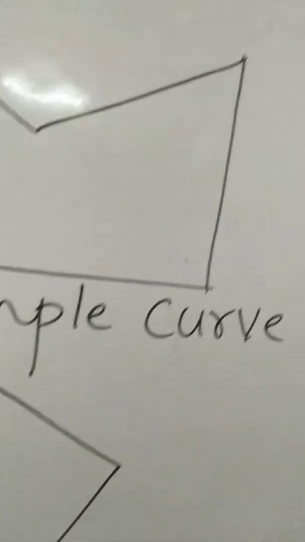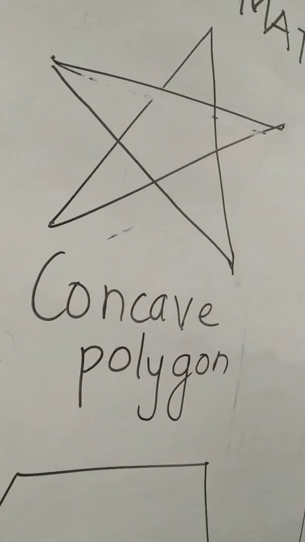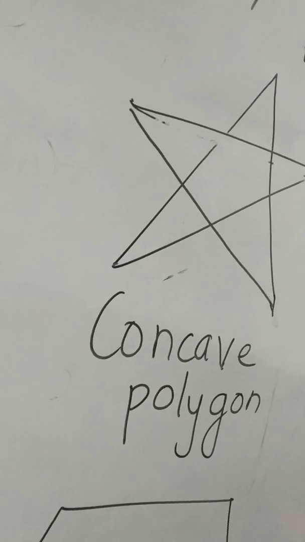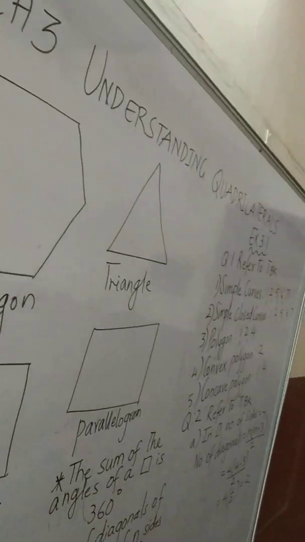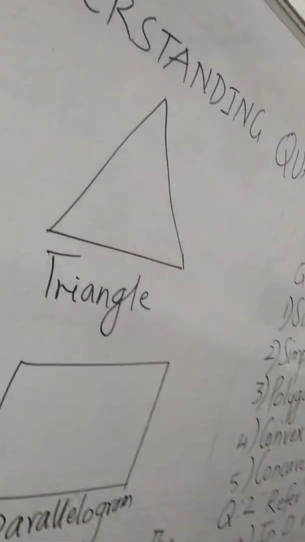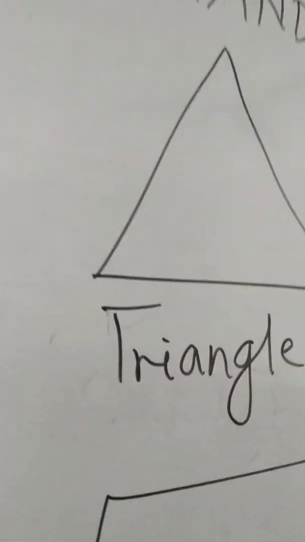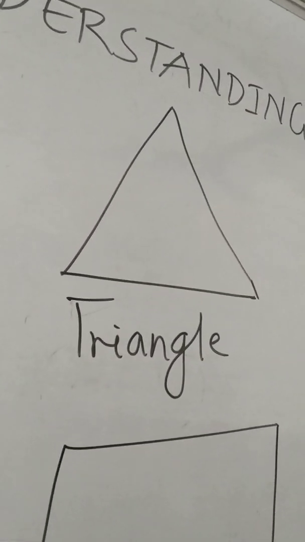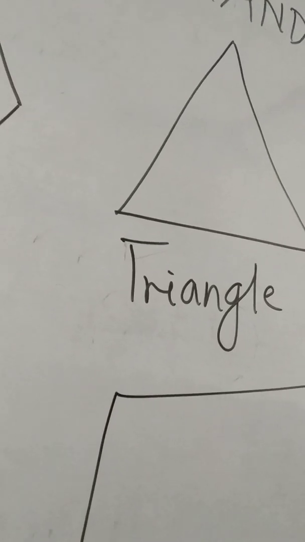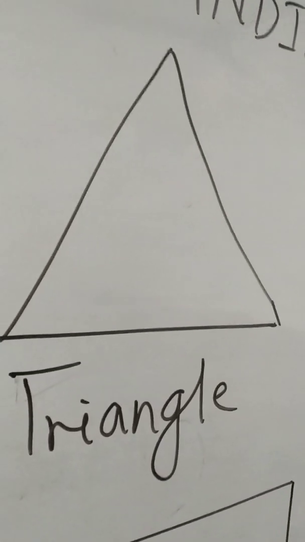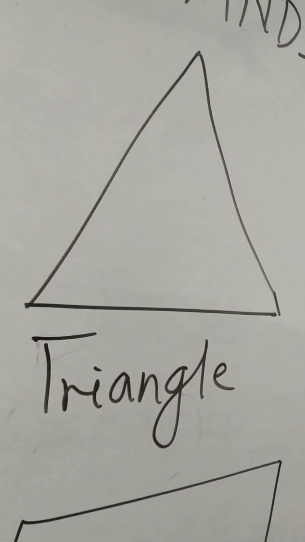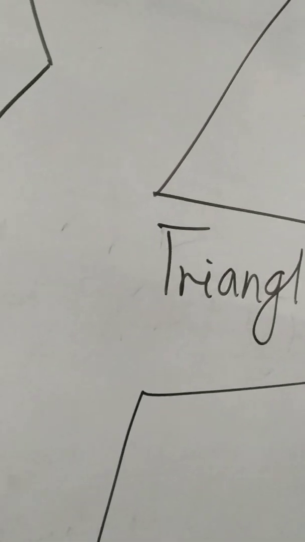This is not the case with a concave polygon. All the sides of a regular polygon, for example a triangle, are of equal length, so they are called equilateral. Equilateral means all the sides are the same. When all the sides are the same, then all the angles are the same, so it is called an equiangular triangle.